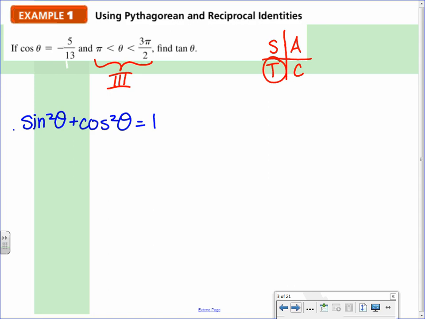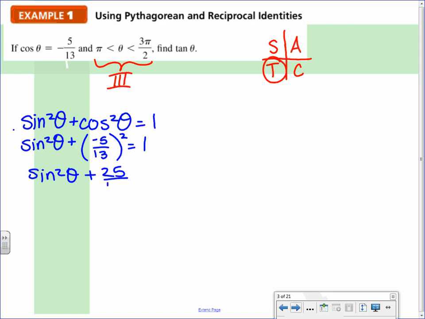Okay, so let's fill in our cosine. Our cosine is negative 5/13. Okay, what's negative 5/13 squared? 25 over 169. Okay, and then we're going to subtract that number to the other side.